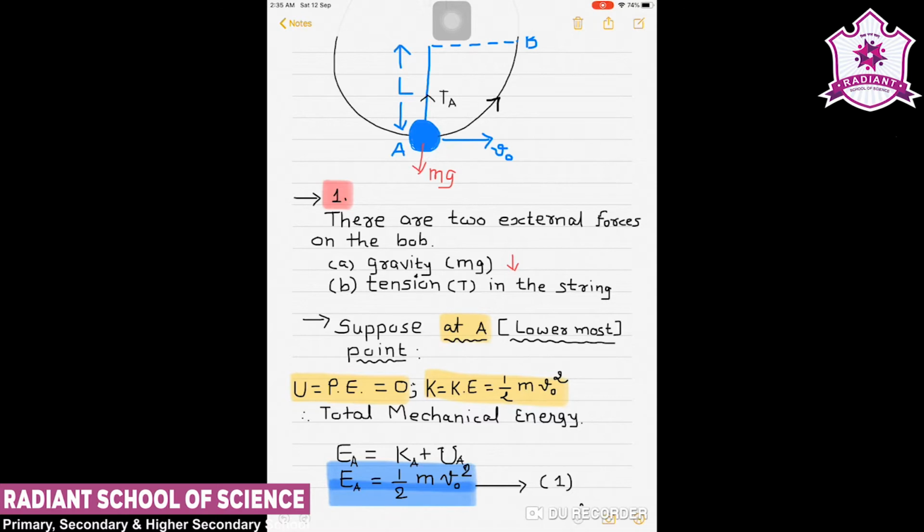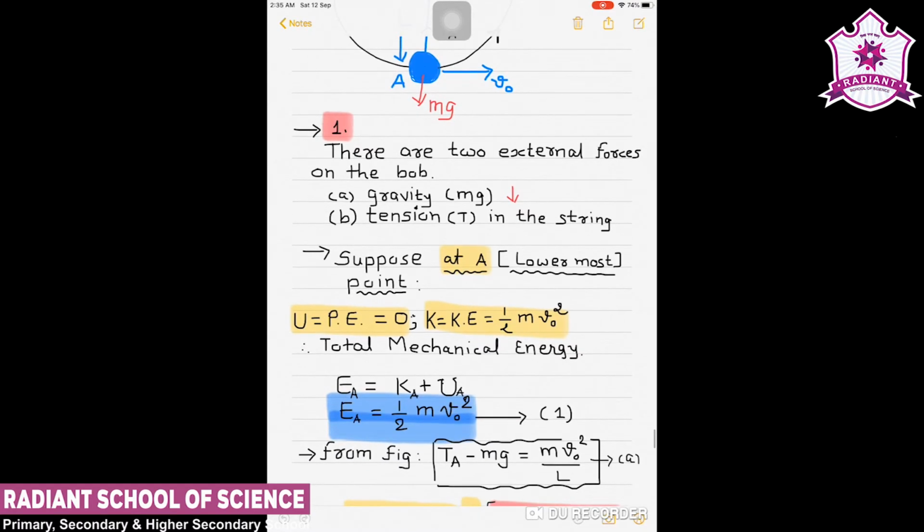Now we have already accepted that the potential energy at point A is 0, so the total mechanical energy is equal to the kinetic energy, that is, EA is equal to 1/2 m v0 square. So this will be our first equation for point A.